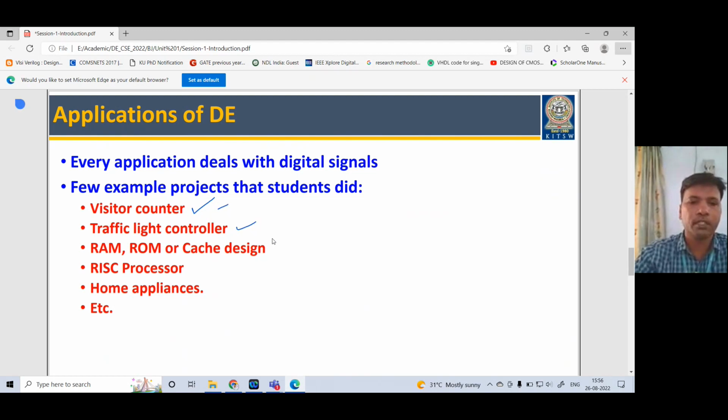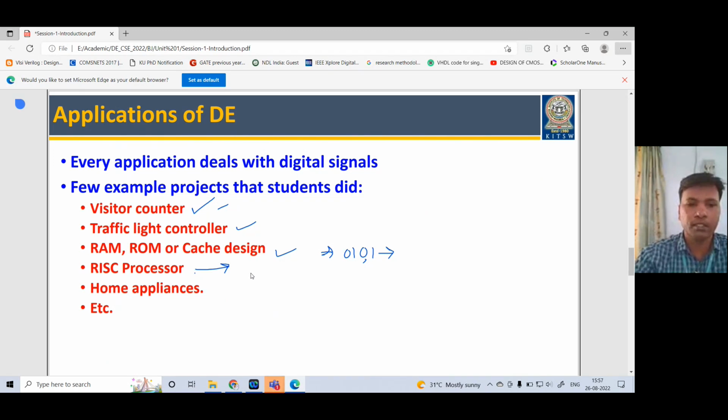Traffic light controller: in day-to-day life we see the countdown section in a traffic lighting system, which deals with a counter and is related to digital electronics. RAM and ROM information is stored in zeros and ones. How that is stored requires digital electronics.